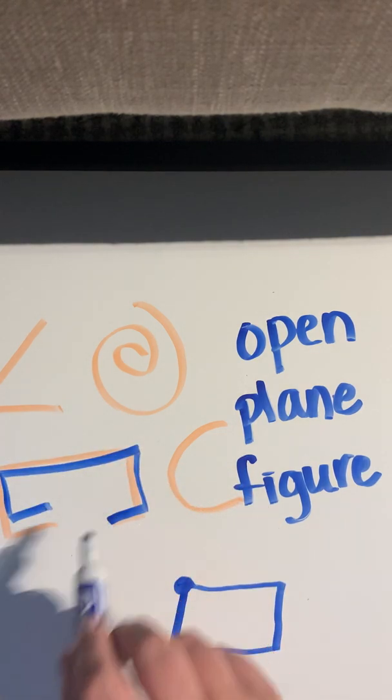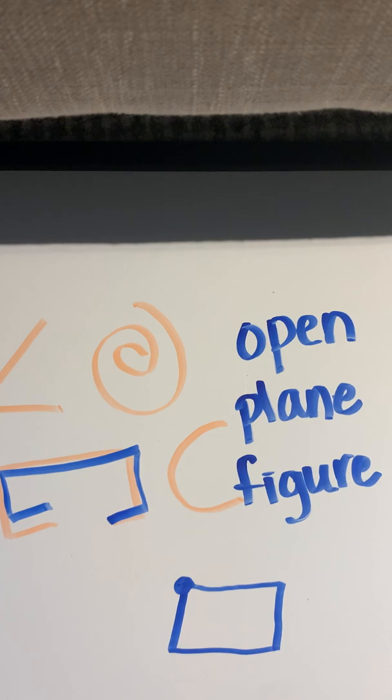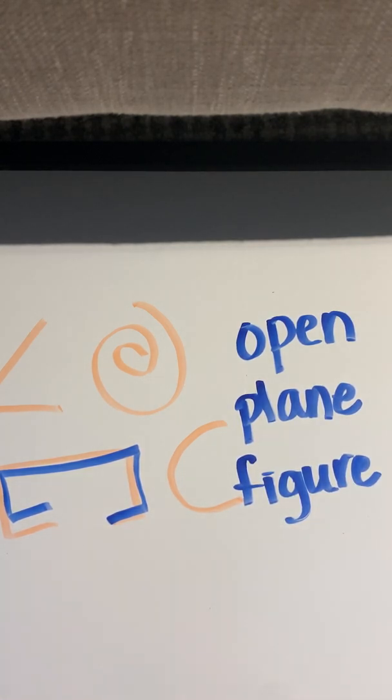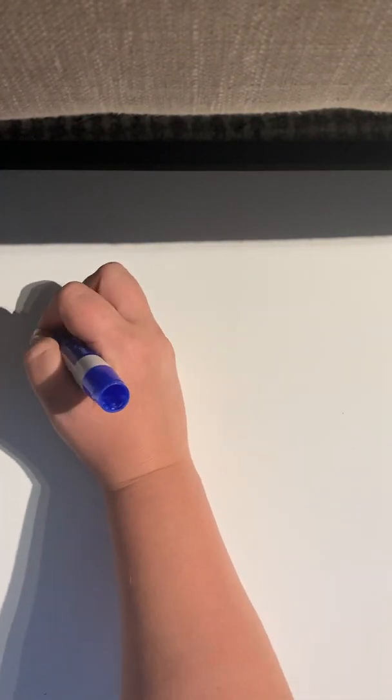Did I end in the same place that I started, guys? No. So that is how you can figure out if something is an open plane figure. Now, we are going to go ahead and look at some different types of figures. Watch as I do these, okay? These are going to be a little different. So those were open plane figures.